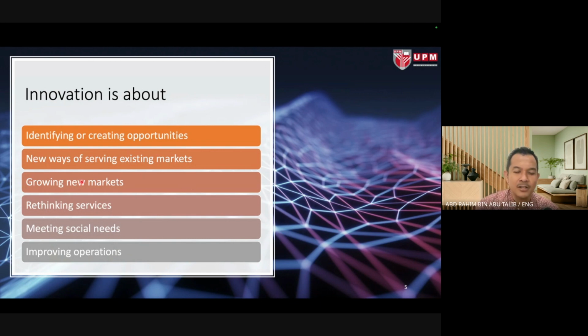There must be a transaction between the inventor or the salesperson, the company, to the client, right? Then you say it is about innovation. But looking at this definition, it's not just about money transaction. It's about creating other things, new things. Meeting social needs and improving operations can also be defined as innovation.